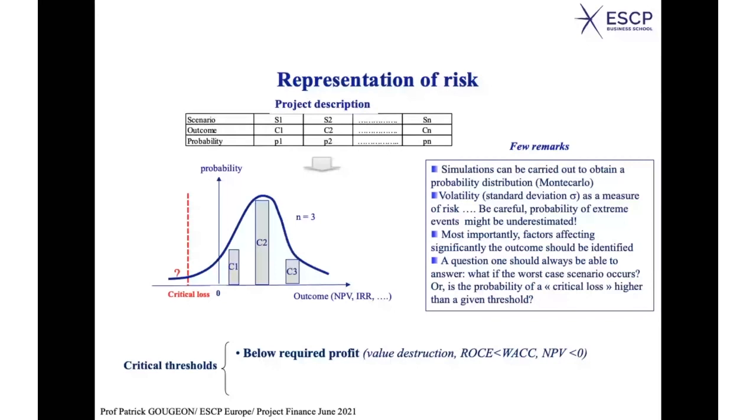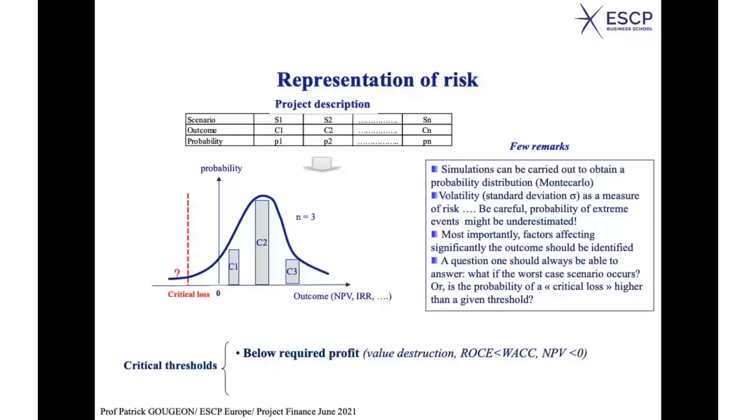How to calculate a fair return? You know how to do it. You know about the CAPM, capital asset pricing model. You can use the risk-free rate, the risk premium, and all that. You know the story. Okay. So if you have a return which is below the expected return of shareholders, or in other words, if you have a return on capital employed or an internal rate of return which is lower than the WACC, which would mean that the NPV also would be negative, then, as we say, you destroy value.